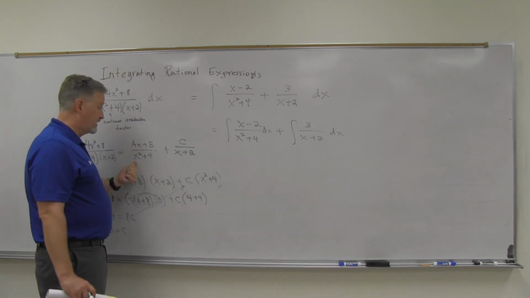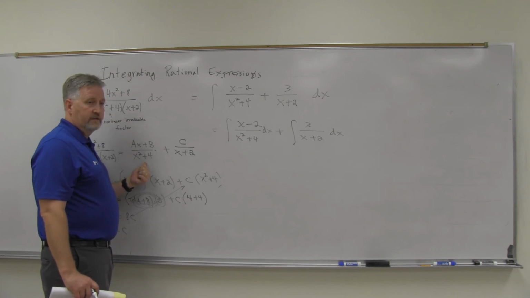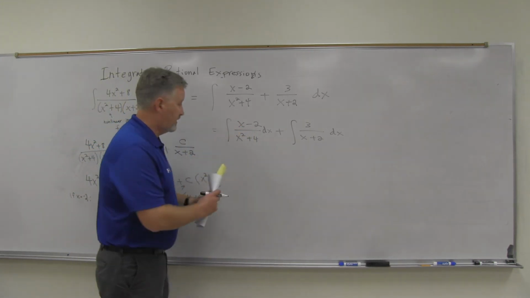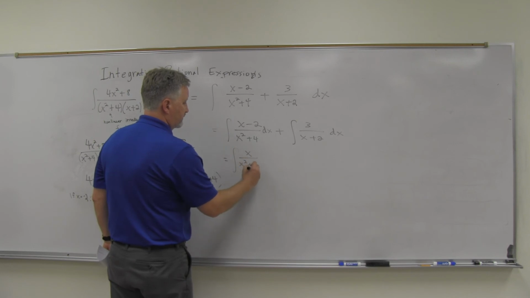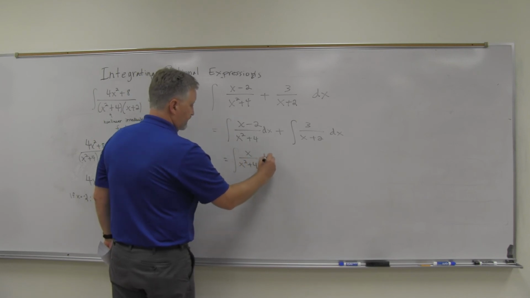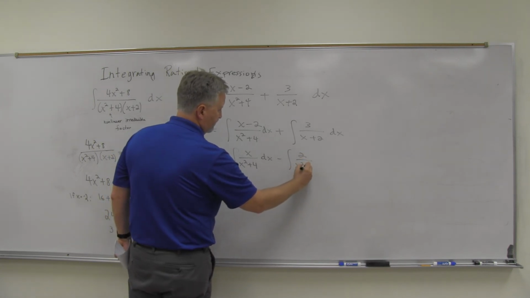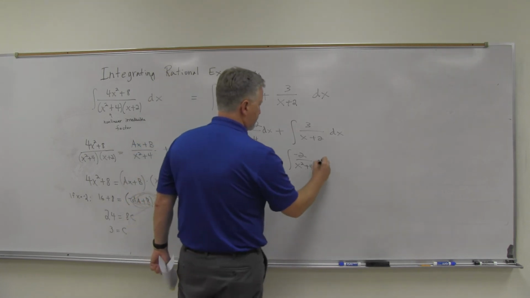We could have done ax over x squared plus 4 plus b over x squared plus 4. Whether that would make it easier or not, that's what I'm thinking here. I'm just going to break this up. It's actually going to be the integral of x over x squared plus 4 dx minus the integral of 2 over x squared plus 4, plus, if you want to do it that way, negative 2, doesn't really matter.